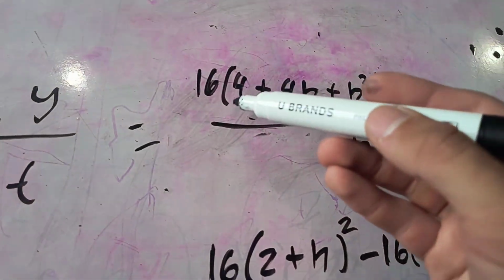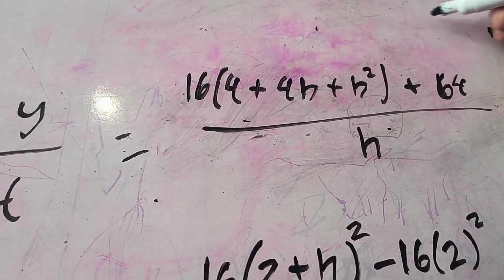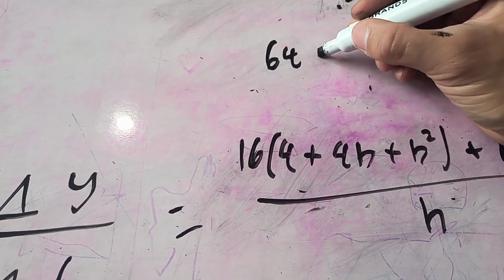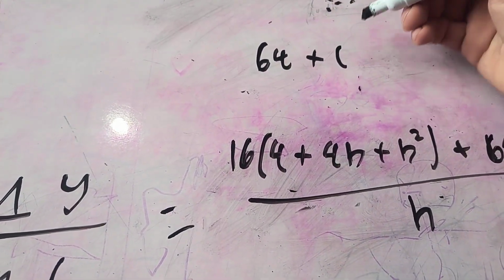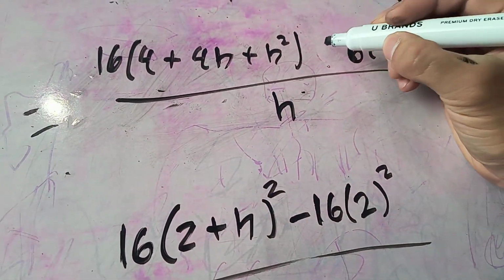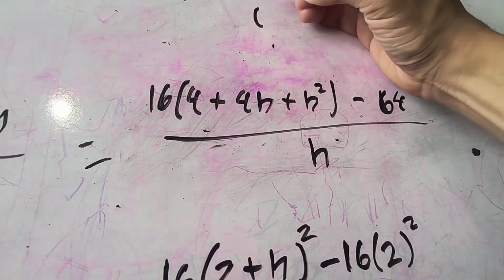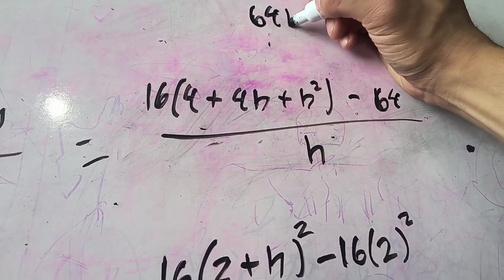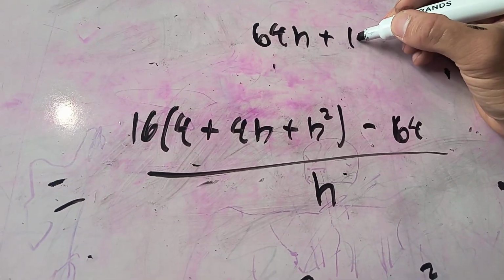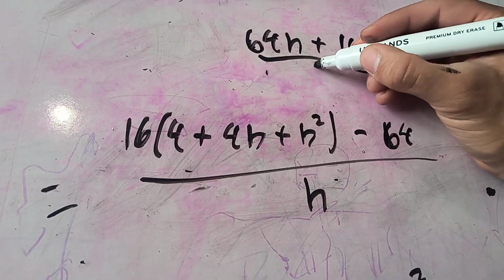I just did the squaring, so that wouldn't be squared again. Then if we were to distribute it out, it would become 64 plus 64h plus 16h squared minus 64. These two cancel out, so this would just become 64h plus 16h squared over h.